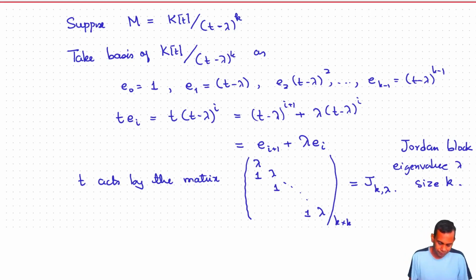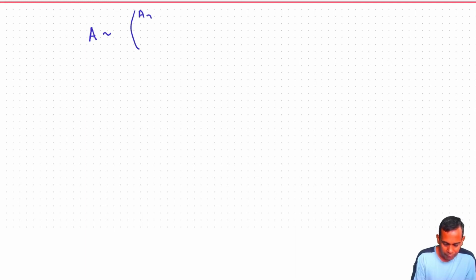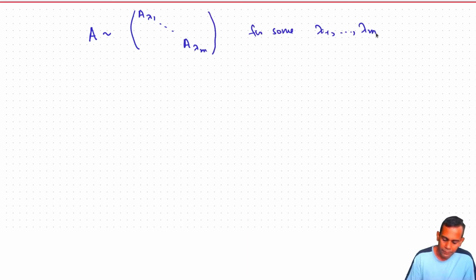So let's just put everything together. Firstly we have that A is similar to A_lambda1, up to A_lambdam, for some lambda 1 up to lambda m. These are the lambdas for which V_lambda_i is not equal to 0.